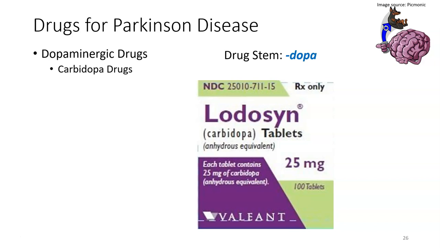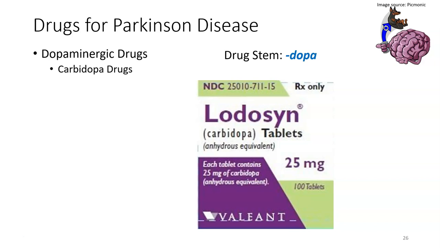be in the exact order, because the most commonly used drugs for Parkinson's disease are dopaminergic drugs, and there's a number of them. Carbidopa is a dopaminergic drug. It's not taken by itself, but it does come as a standalone medication, but it will be coupled with levodopa.